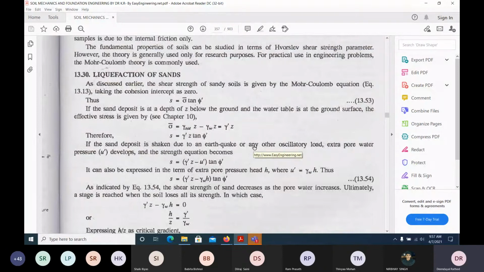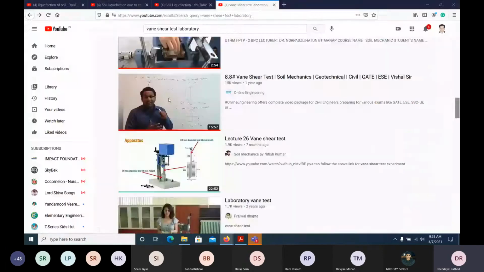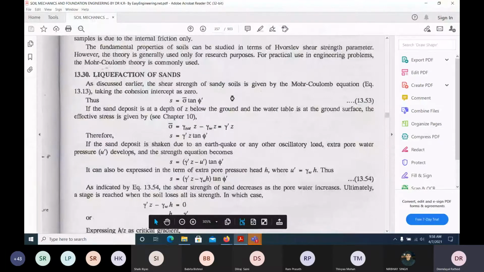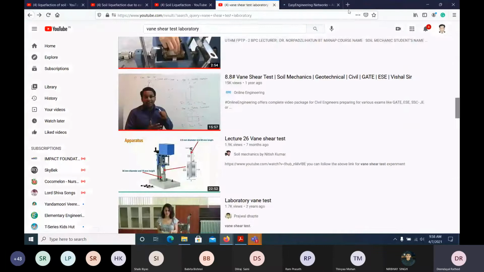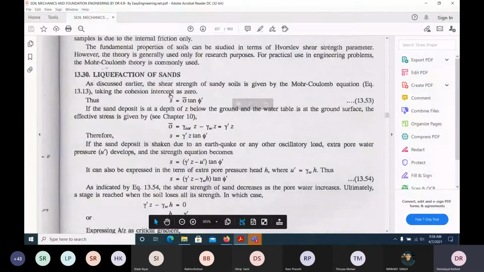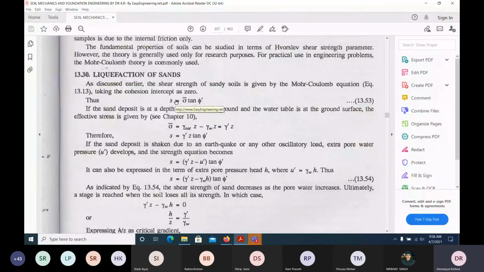We know the equation for the shear strength: S equals C plus sigma tan phi. Earlier we discussed that S is C plus sigma tan phi.